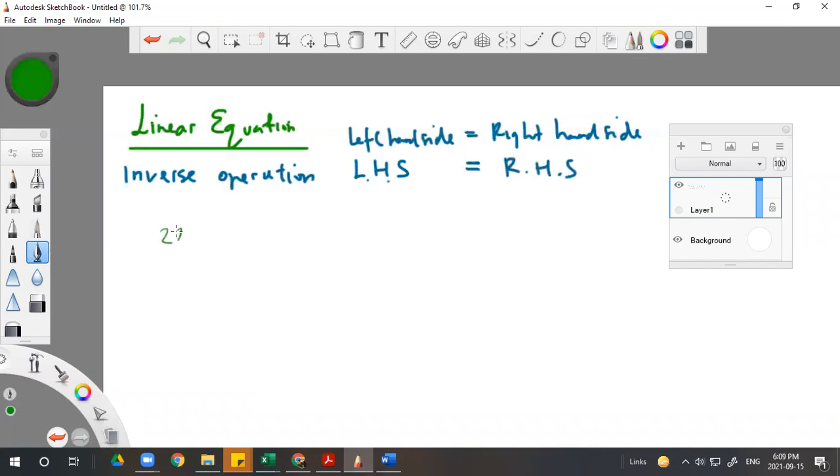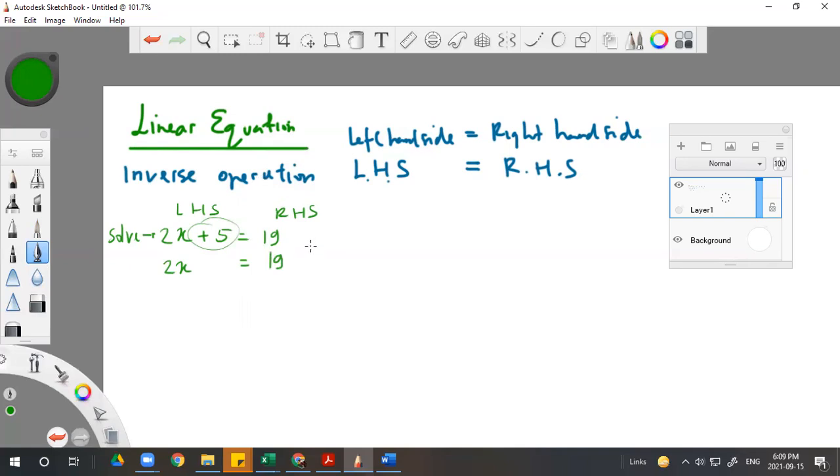If I have 2x plus 5 equals 19, how do you solve this? What you need to do is solve for the value of x. So 2x will equal, this is the left-hand side, this is the right-hand side, of course. And then you put the 5 on the other side. If you move the plus 5 to the other side, you need to do the inverse operation.